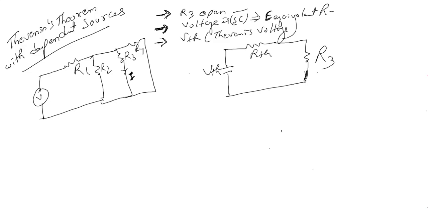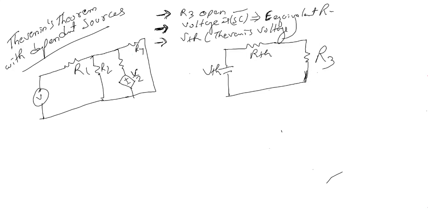Now, what if there is this? Let's take it as your V by 2.